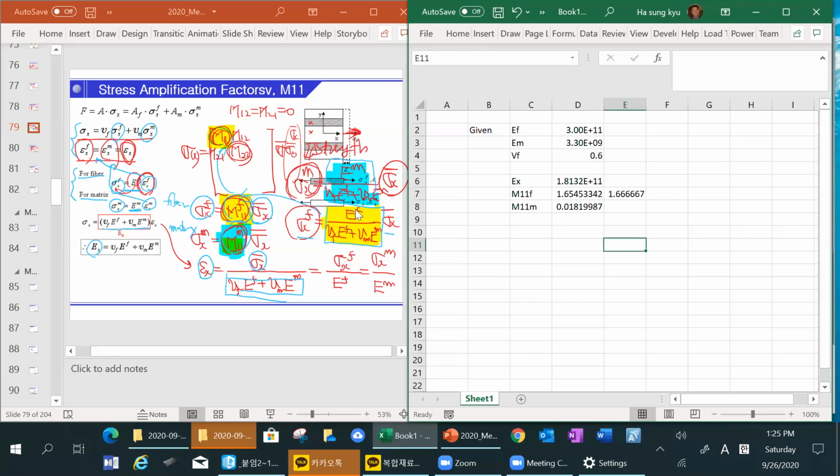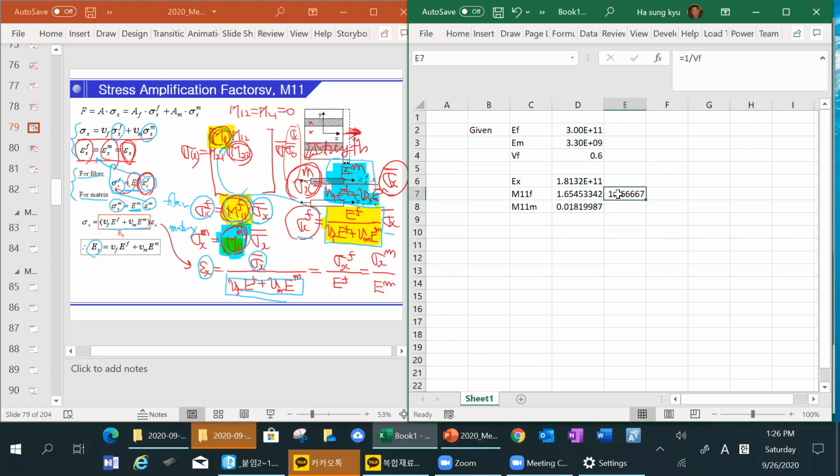When EF gets much higher than EM, this term will be neglected compared to this term, and this and that eliminate, so the stress amplification factor will be nothing but 1 over VF, okay?